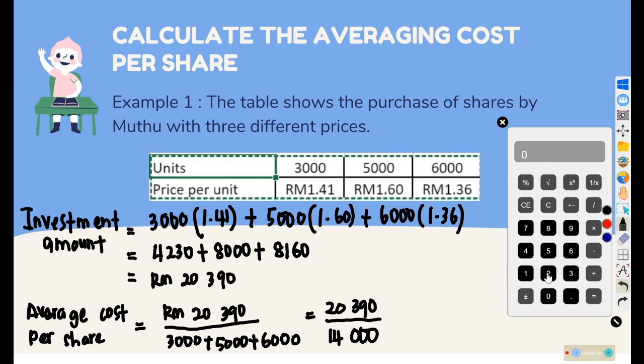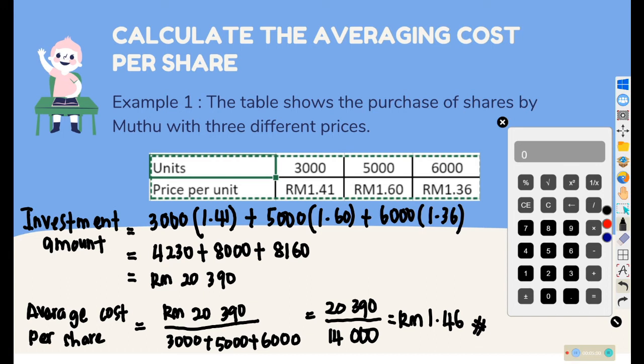Now 20,390 divided by 14,000 is equal to RM1.4564. Okay, you need to round off here, so you will get RM1.46.